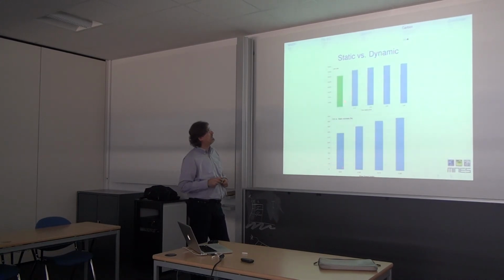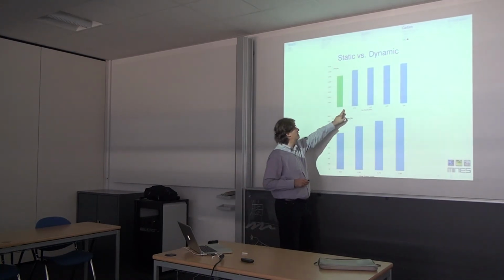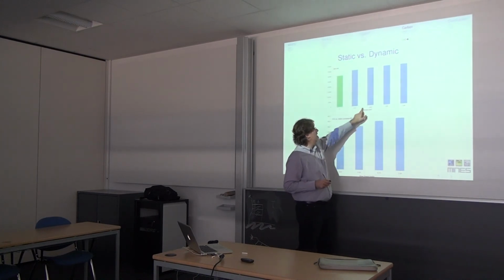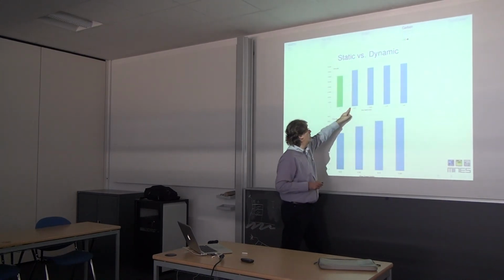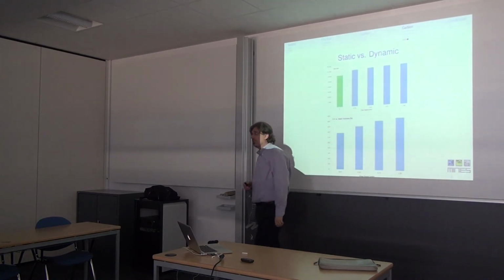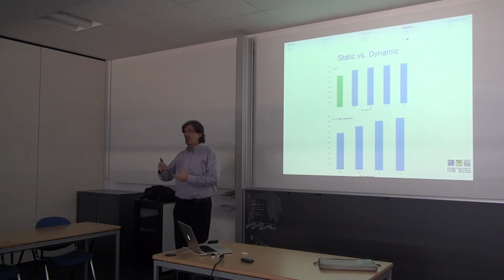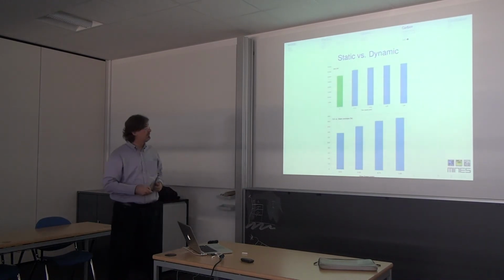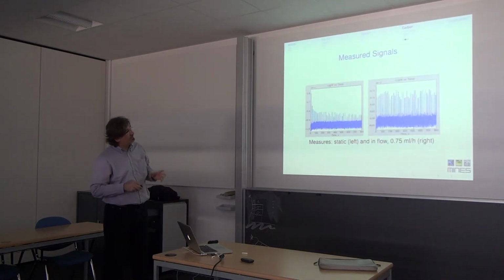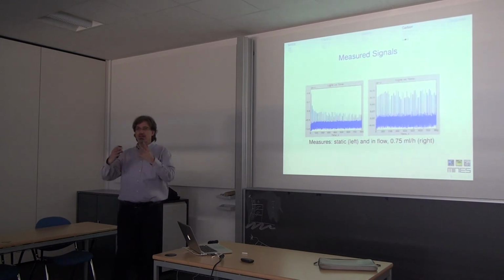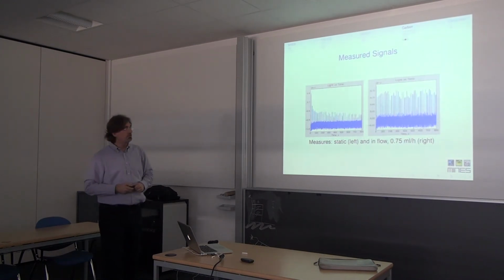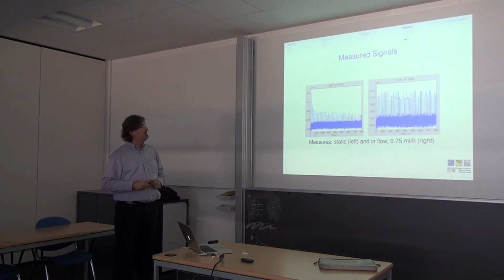You see here the signal to noise ratio. At 0 flow speed, this is the static, and here, increasing the flow, we increase the signal to noise ratio. Again, it's not very good, we must improve the electrochemical cell and also the fluidics, but it is more constant and higher.